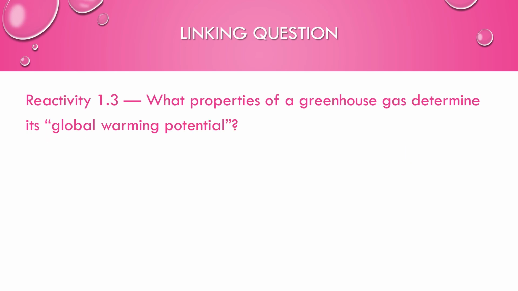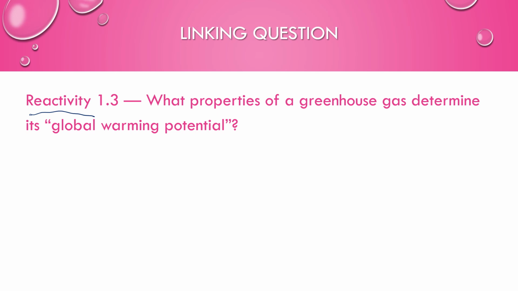And this section also links to reactivity 1.3. So we're talking about greenhouse gases in this unit. What properties of a greenhouse gas determine its global warming potential? And we talked about some of those greenhouse gases and how they can absorb infrared radiation and kind of hang on to it, and even keep the heat trapped on Earth, basically. So that's its global warming potential. But the other aspect also has to do with the stability of the molecule, which is why we're linking this to a reactivity concept.